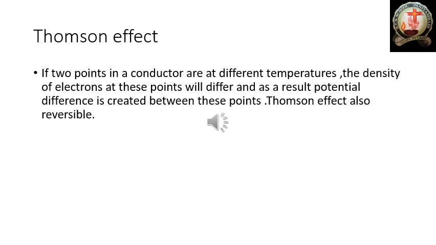When the temperature of the conductor is different at 2 points of the conductor, at that time the density of electrons at these points will differ. So electron density will also be different. I already told you conductors have electrons. I hope you remember that.